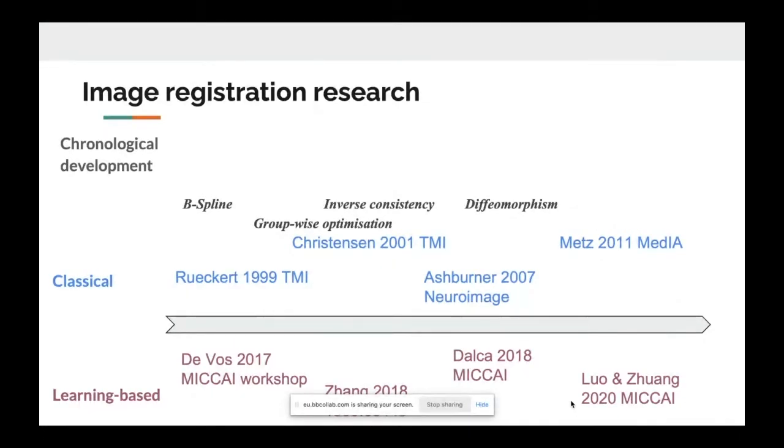And fast forward 20 years and condense them into just the last 3 years, we can see a remarkable resemblance of these older ideas. So we now have seen ways to freeform deformation based on B-splines and inverse consistency, diffeomorphism, group-wise optimization, all have been tested with the new learning-based algorithms.